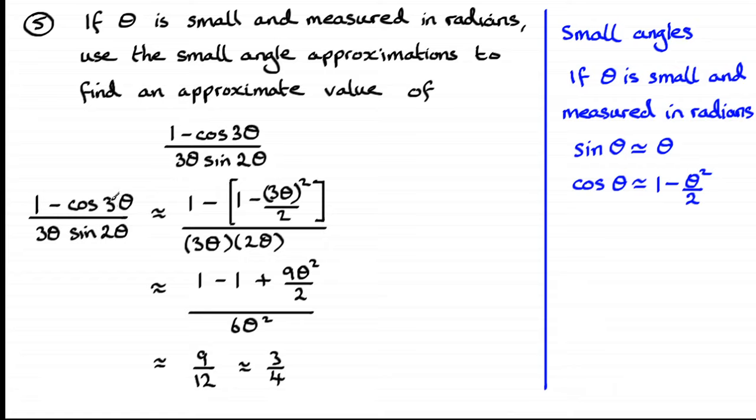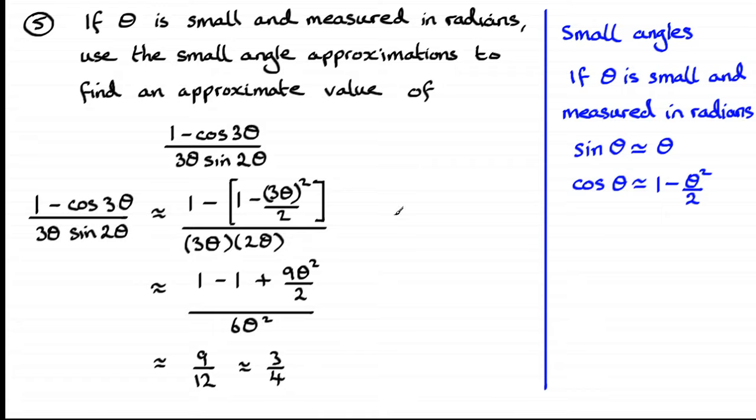Taking this question then, using these ideas, all I've done is replaced cos 3θ, the 3θ here, I've written it in place of the θ. So we've got 1 - (3θ)²/2, which I've written here. 3θ here stays exactly the same.